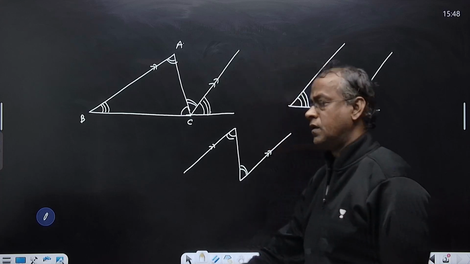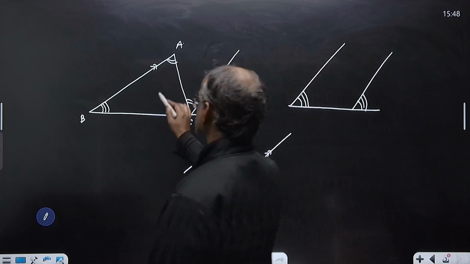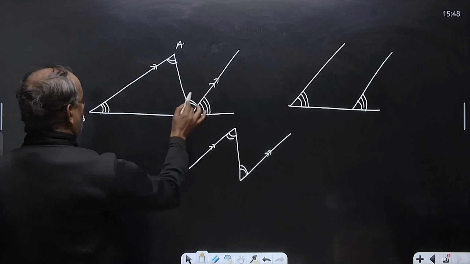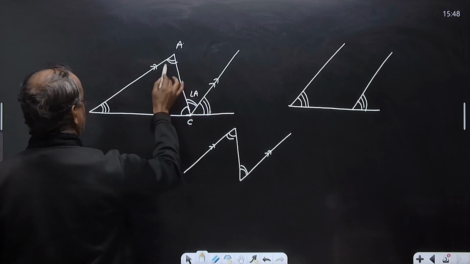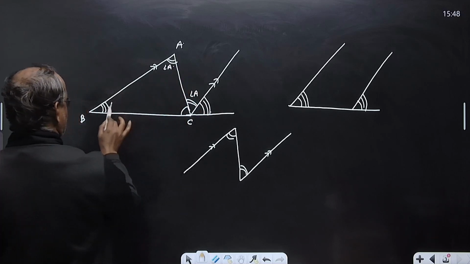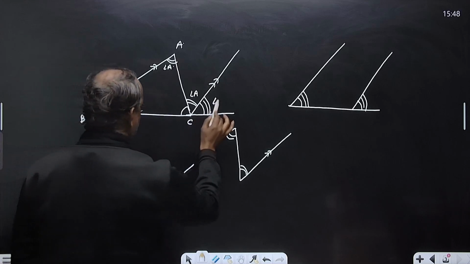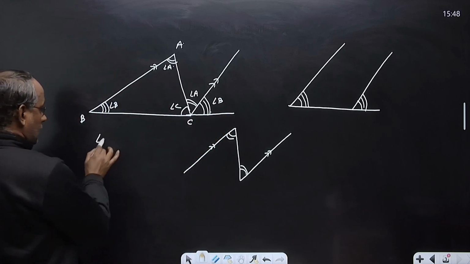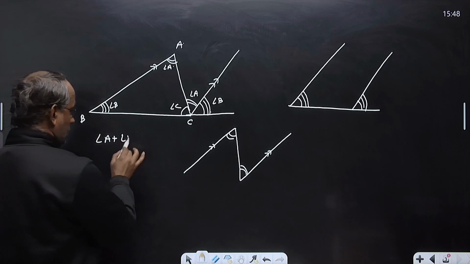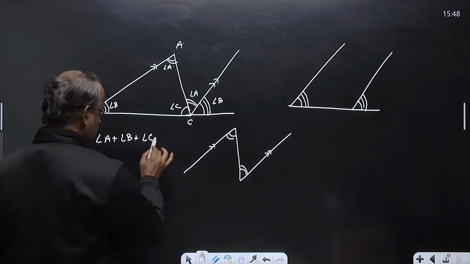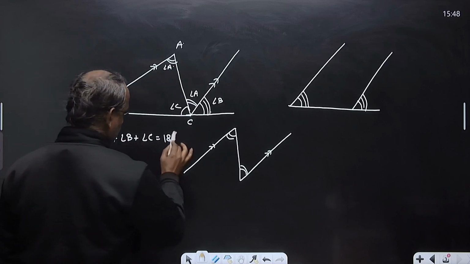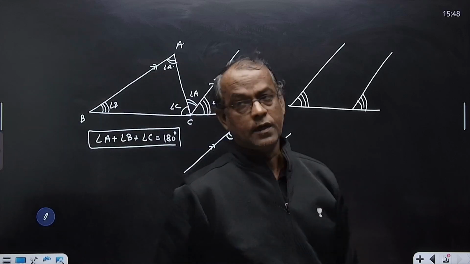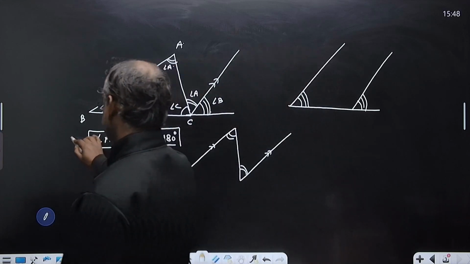So again, if this is angle A, this is angle A, this is angle B, this is angle B, and this is angle C. So angle A plus angle B plus angle C, the sum of angles of a triangle is 180 degrees. Very, very useful thing.